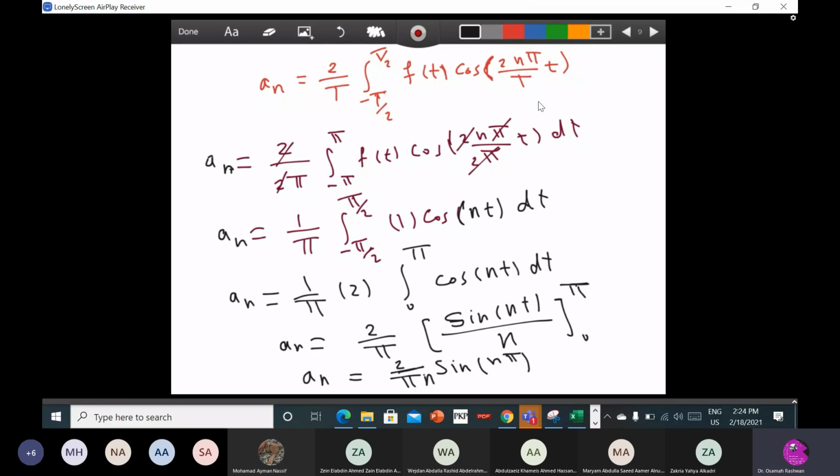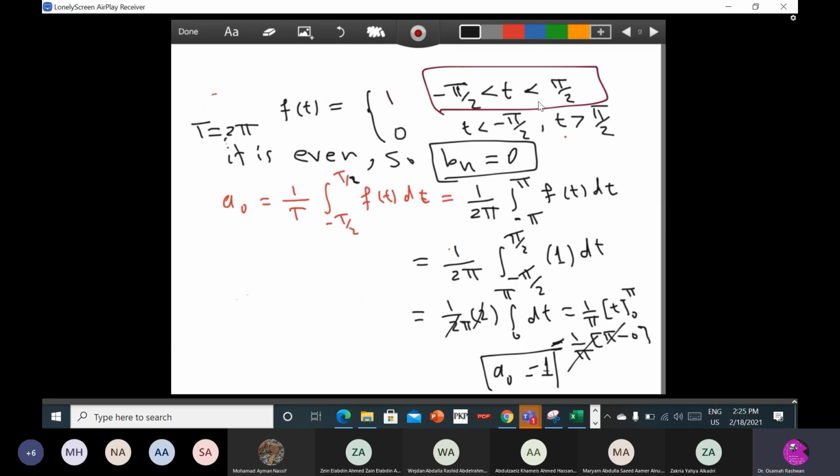Take a screenshot, please, for this one. Just to write our final form for the Fourier series. Catch it? Okay. Now remember, A naught is 1.